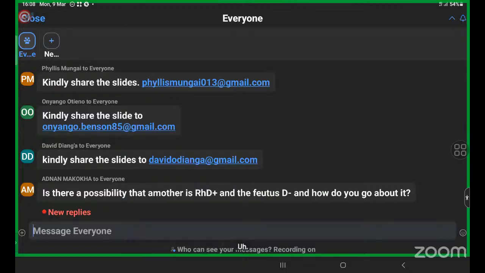For any subsequent birth after the first pregnancy, we should know that the mother has been sensitized, and if there is any possibility of the baby or the fetus being rhesus positive, it will impact their health. There will be fetal maternal hemorrhage. So it is very essential for it to be done in any subsequent pregnancy after the first delivery. The first delivery will normally be safe.